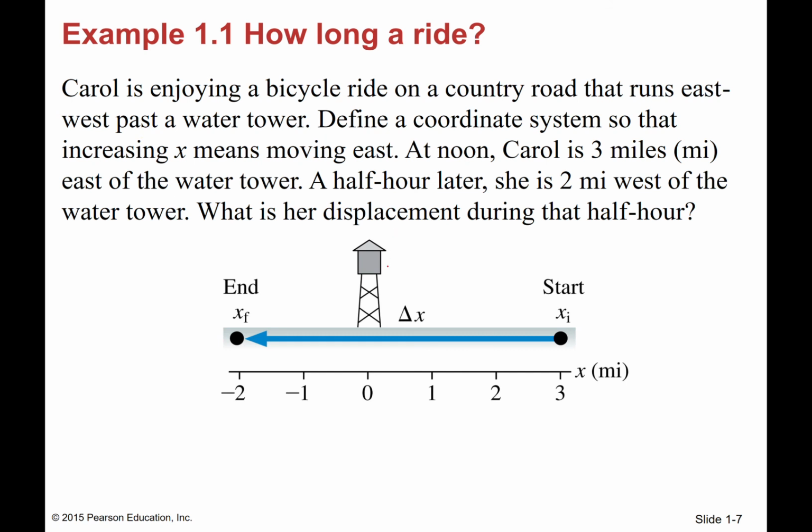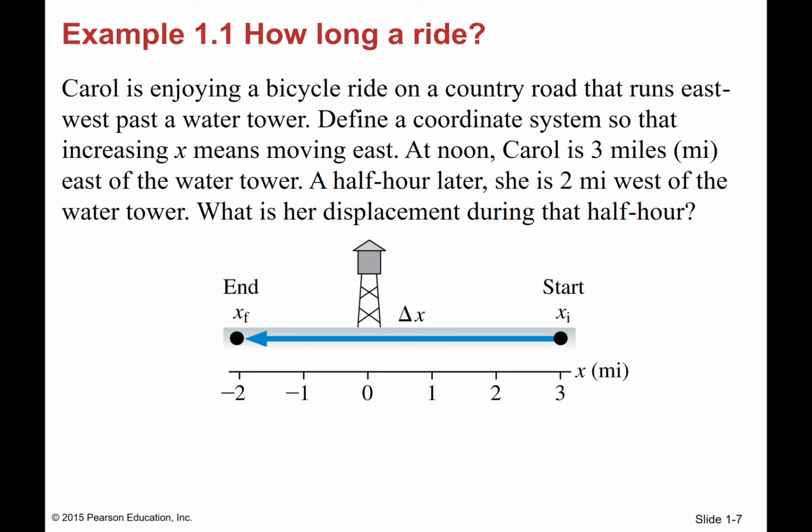So we are going to define the origin of our coordinate system here at 0 at the water tower, and then we are told that at noon Carol is at the 3-mile marker right here. That is her position. And then half an hour later, she's right here at this final position, right? So at the minus 2-mile marker, 2 miles west of the water tower.